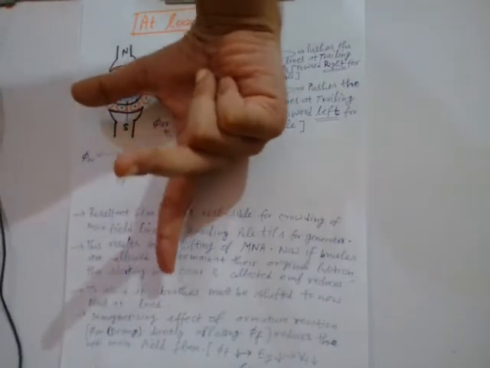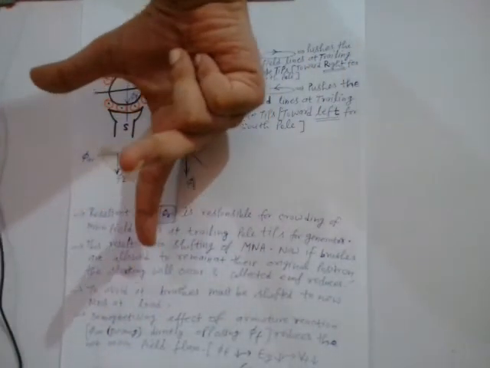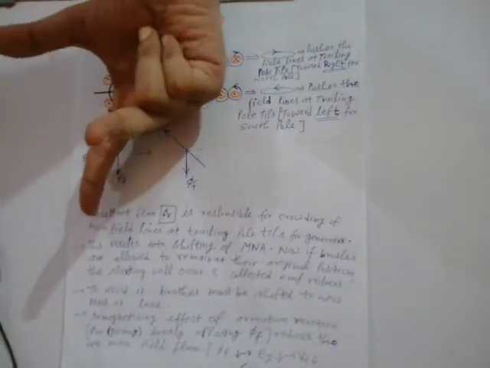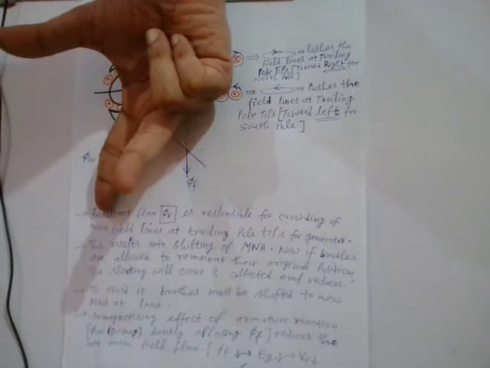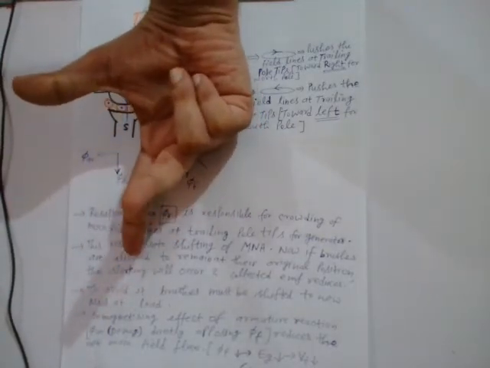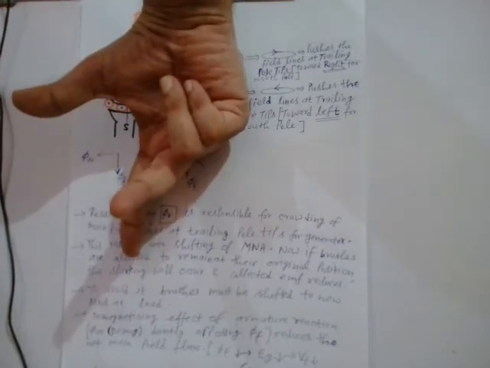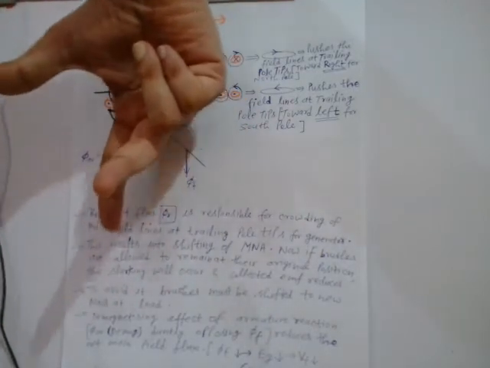How to apply? Like this, thumb in the direction of motion, and first finger from north to south. Then my second finger is coming towards the reader. See this second finger, it is coming towards the reader. Towards the reader means it is dot.